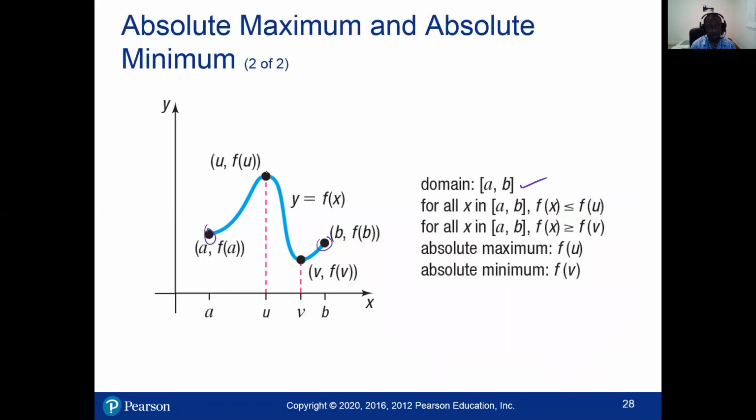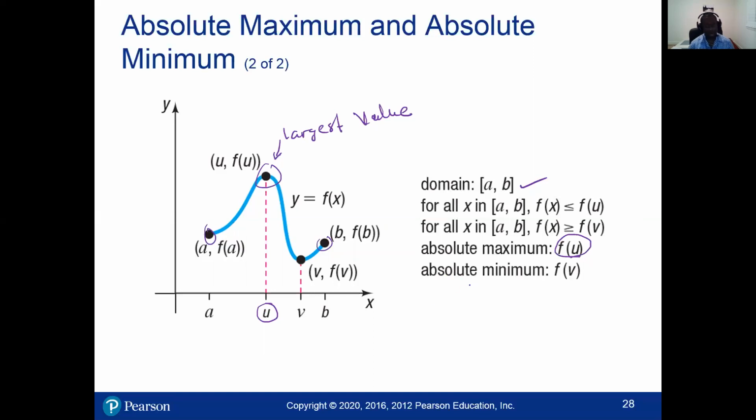Over the entire domain, this is the largest value of the function. If it is the largest value, then it is the absolute maximum. That is why f of u is the absolute maximum. In other words, there is an absolute maximum that occurs at x equal to u.